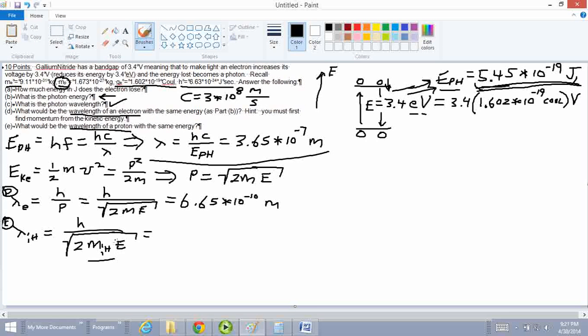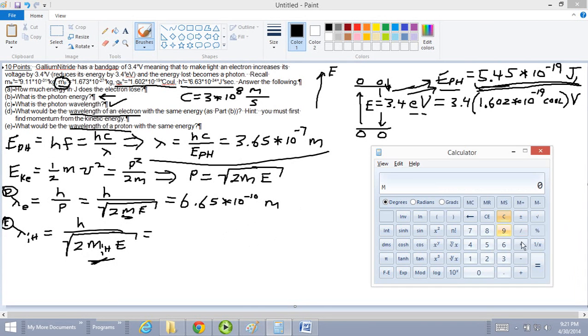Now, same problem. Now, the mass is going up. The wavelength is going down. Mass is going up. Wavelength goes down. So let's do this again. 6.63 exponential negative 34th power divided by, create the parentheses, 2 times mass of the proton is 1.673 times 10 to the negative 27th power times 5.45.